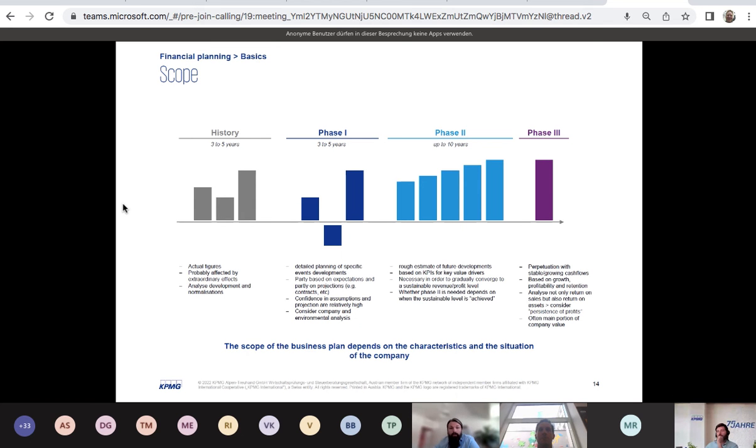In phase two, what you want to reflect is that basically everything will stay the same, meaning your margins and revenue growth and so forth will all stay the same or develop very constantly. But there's one or two factors you want to model, you want to explicitly address, and everything else stays basically the same.